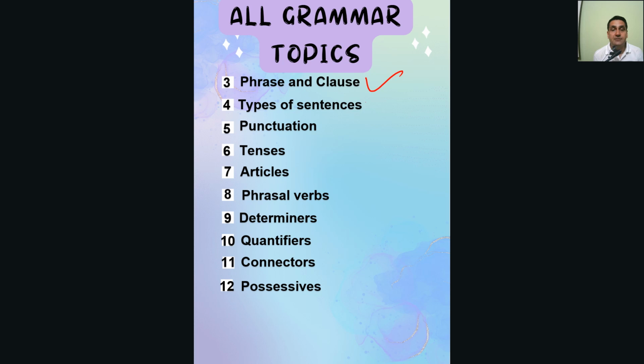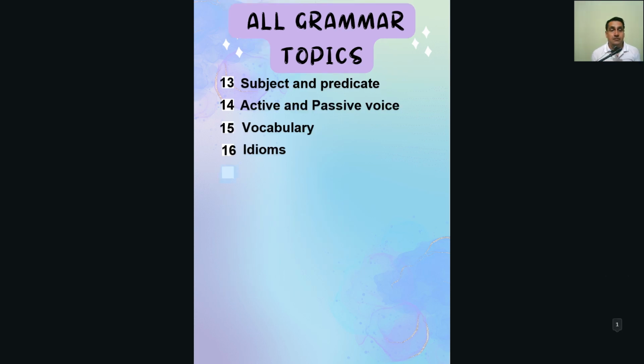Then we got types of sentences, punctuation, tenses, articles, phrasal verbs, determiners, quantifiers, connectors, possessives. Then we're going to look at subject and predicate, active and passive voice, vocabulary, idioms. So this is going to be quite informative. So please do go through all the classes.